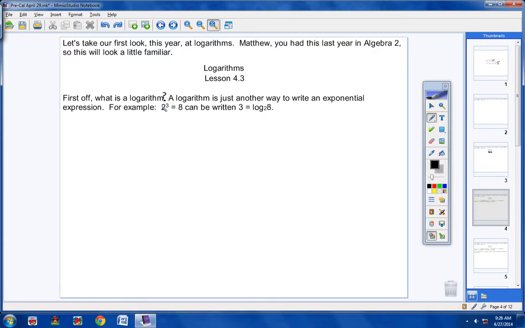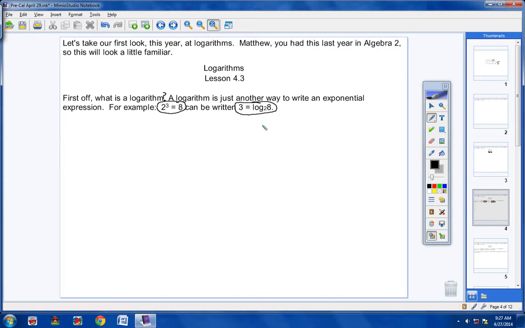All that we've done is we've taken the 2, the 3, and the 8, and we've put them in different places over here, 2, 3, and 8, with the word log, which of course stands for logarithm. And that's it. Students, look at this. That's all you do. A logarithm is just simply taking an exponential expression and writing it with the word log.